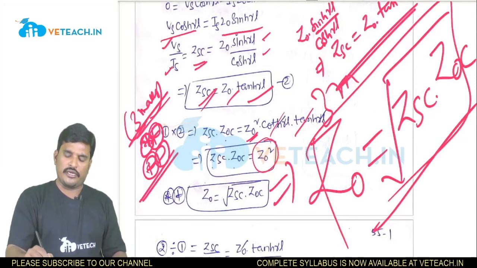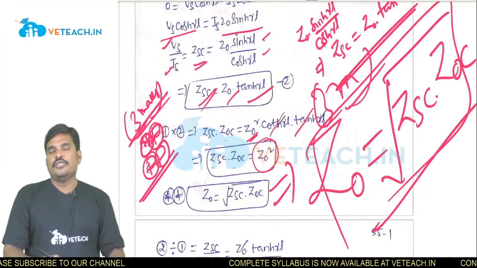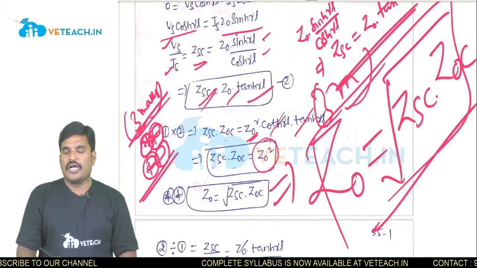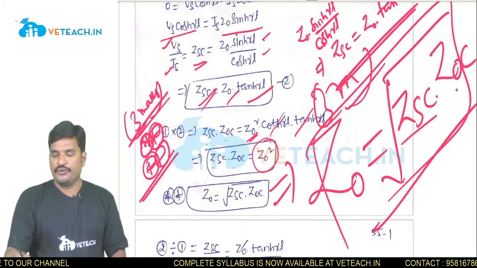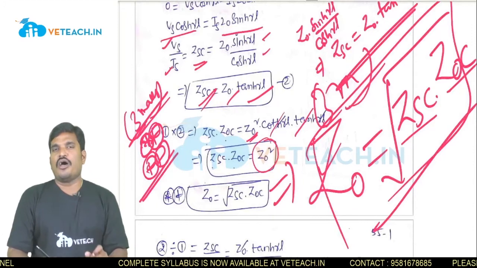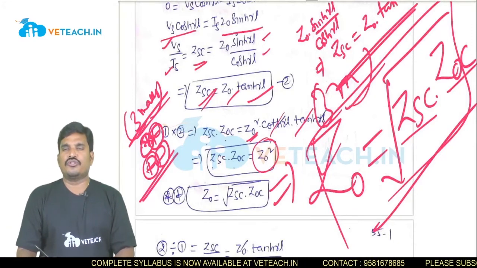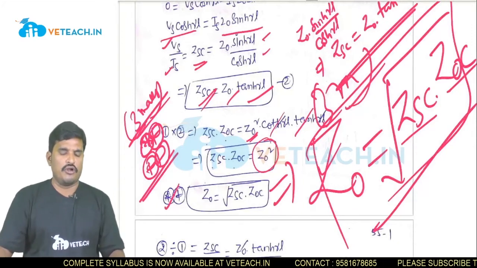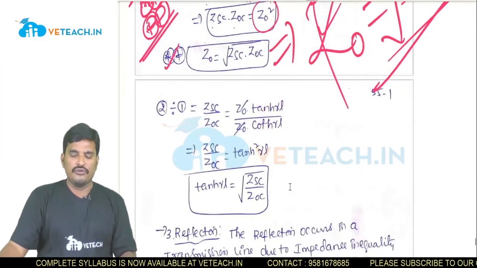Definitely 3 marks are there for this important formula. Why? Because in that problem ZSC is given to you, ZOC is given to you, and he is asking about Z0. If you remember this formula, I hope you will get 2 or 3 marks, no doubt about it.